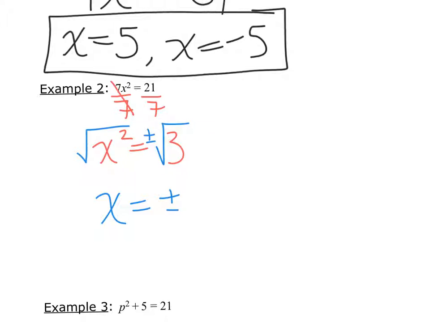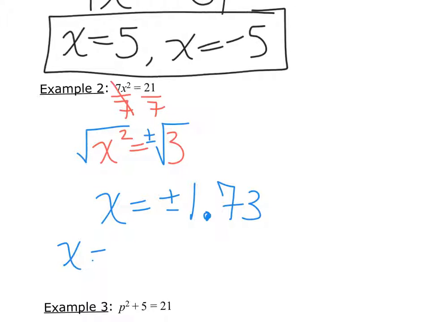What's the square root of 3? Use your calculator. It's an irrational number because it's a decimal that keeps going forever, right? So let's go ahead and round to 2 decimal places. 1.73.